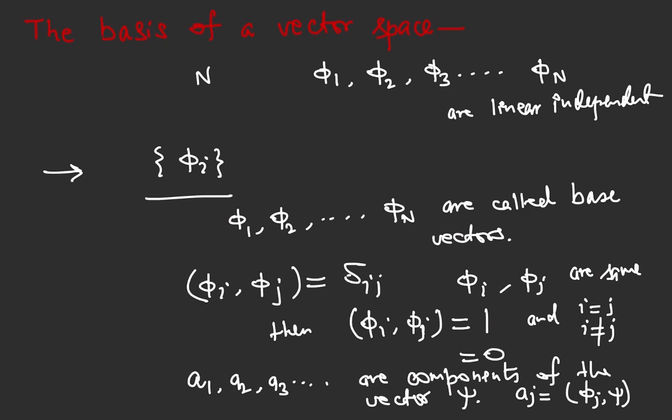The example of the linear vector space is the three-dimensional Euclidean vector space.